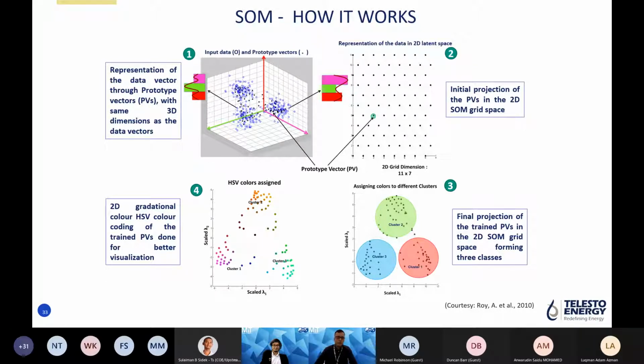So these clusters are extracted and gradational HSV color coding is done of the trained prototype vectors for better visualization. So what you can see here is seismic attributes of different types, and those prototype vectors are projected onto a 2D latent space, and applying SOM and GTM techniques, the natural clusters are formed, and the natural clusters are further enhanced using the different colors technique.